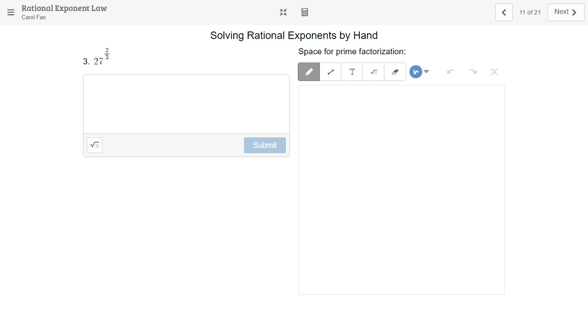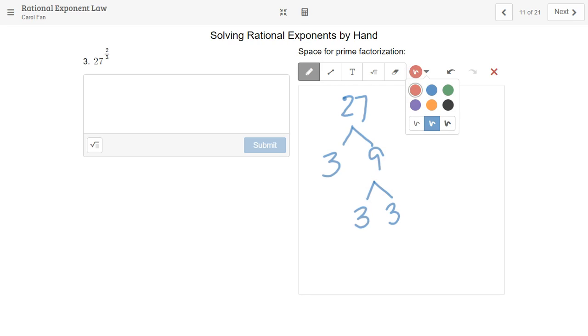So we have 27. Let's do the prime factorization of that so we know what 27 is equal to. So I have 3 times 9 and 3 times 3. 27 is equal to 3 to the power of 3.